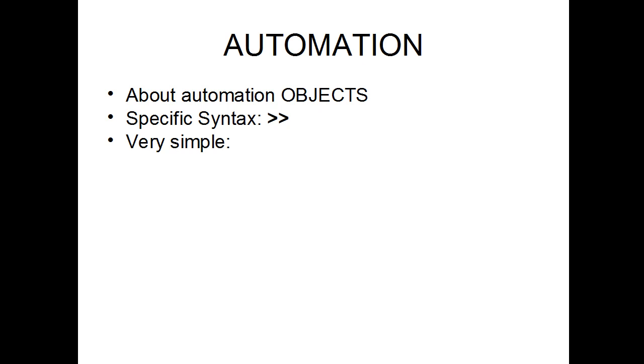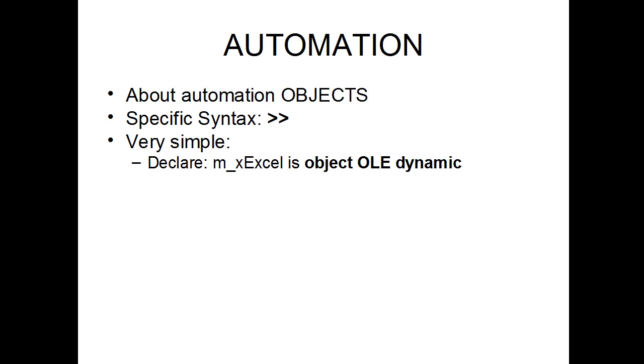When you want to declare an automation object, because that's the first thing that you have to do, you have to declare it. So to declare an automation object the same way that you would declare an integer or a string, you type the name of the object. Here you can see with the m_xxl that it is a member of a class.